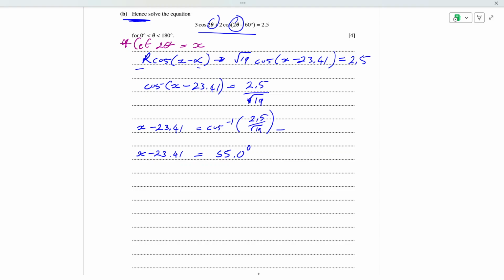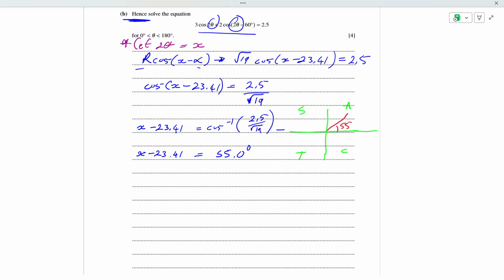And then if I use the CAST diagram, you should know this diagram. If you don't understand it, I'll put a link in the description in the corner right there, and you can watch a video explaining the CAST diagram. So this is the principal value, 55 degrees, that we found.